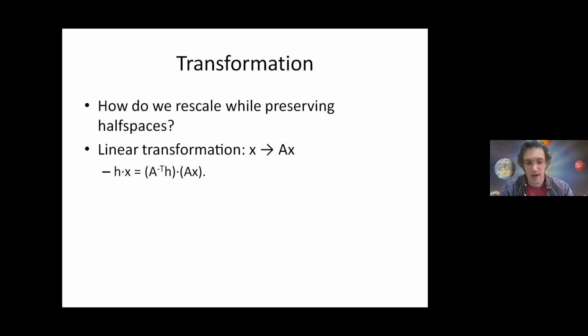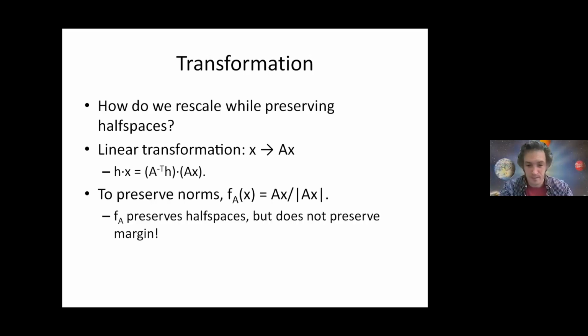So exactly what the normal vector is has changed some, but the fact that the positive and negative points are separated by a half space is still preserved. We've preserved the essential features of our problem. Now, we would also like to preserve the norms.